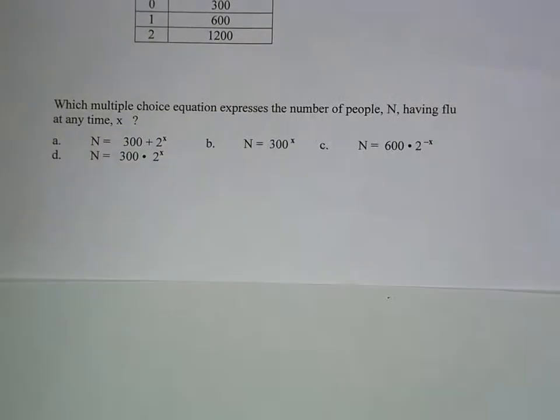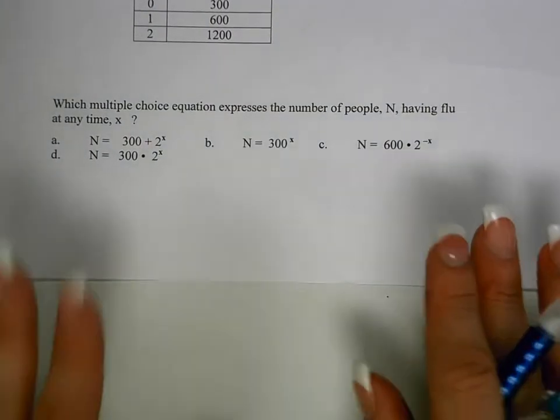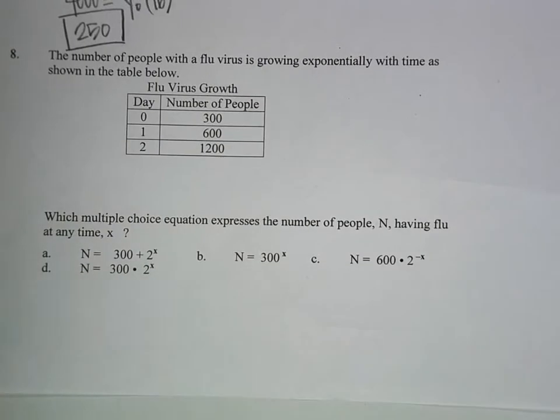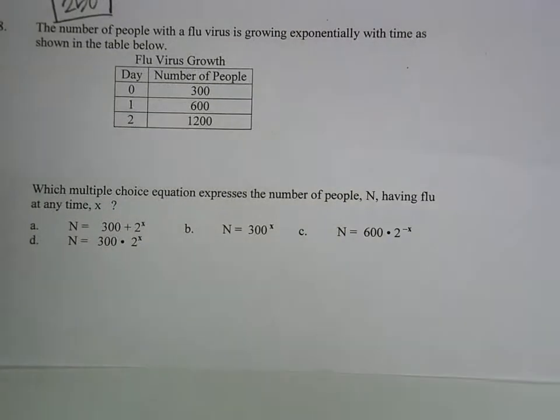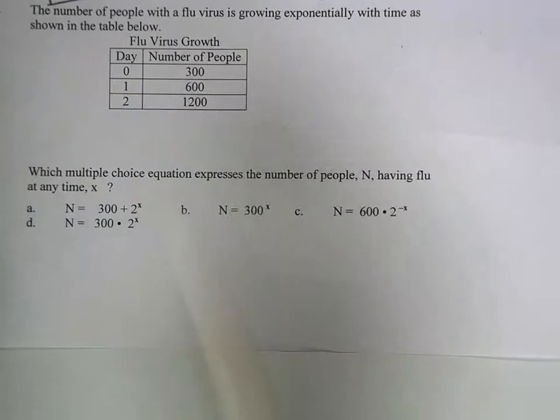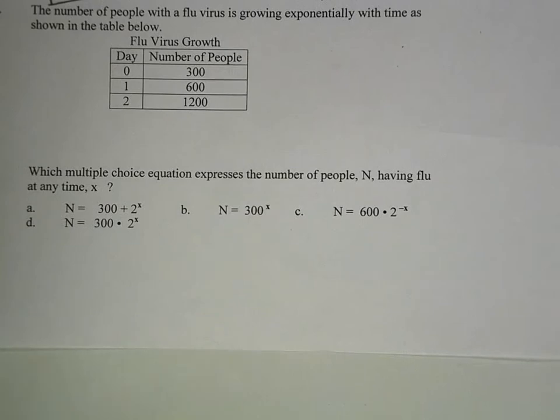The number of people with the flu virus is growing exponentially with time as shown in the table below. This is true. Like the Centers for Disease Control, the CDC, they're trying to predict how much vaccine needs to be made. They might need to use an exponential equation. Like say I was sick today, but I started feeling really bad yesterday, but I was contagious right now.